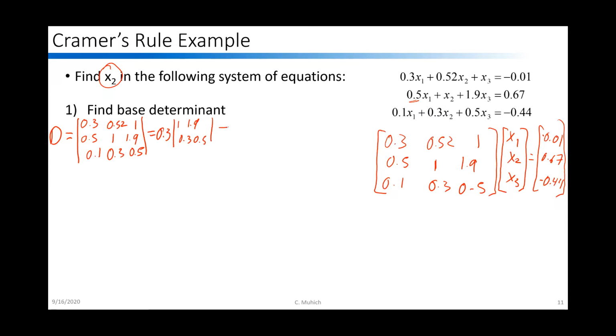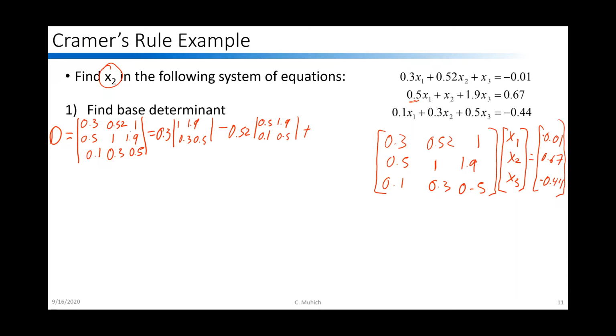We're going to subtract off what's in that first row second column, so 0.52 times the determinant of 0.5, 1.9, 0.1, 0.5, and then add in our last element.